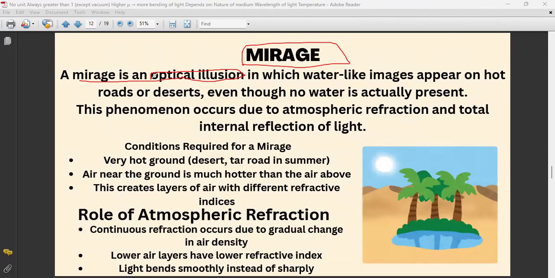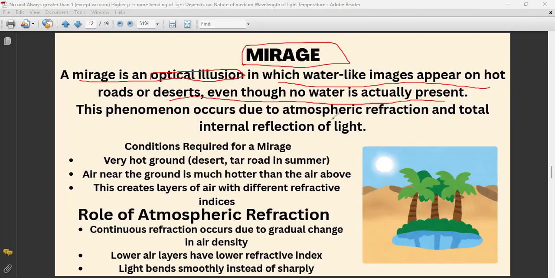Of course, we can see it in real life, but it is not something that exists in reality. Water-like images appear on hot roads or deserts even though no water is actually present. We see the optical illusion of water in the desert, but there won't be any water in reality. So this is nothing but a mirage.